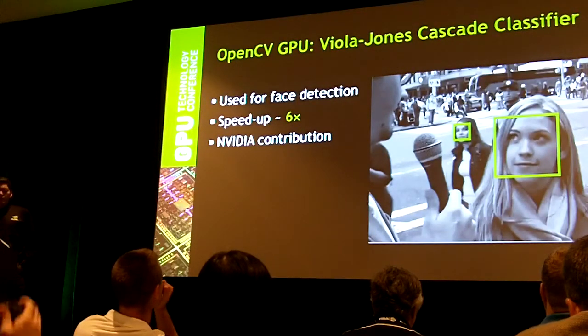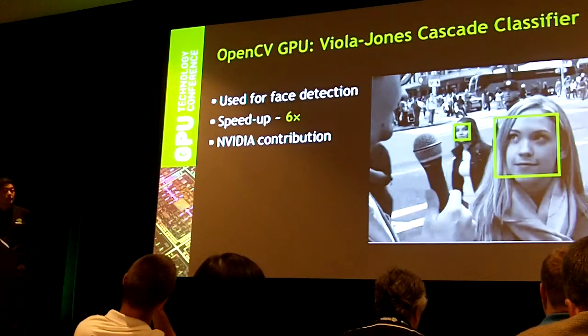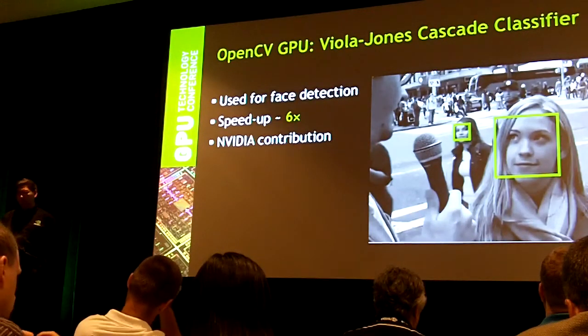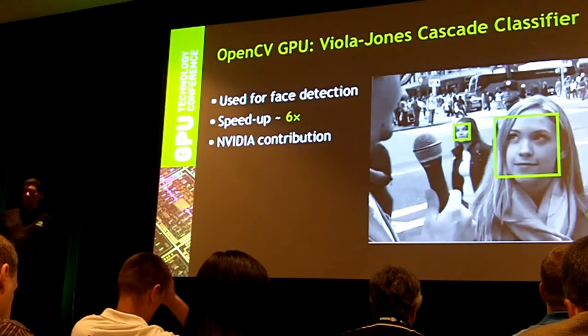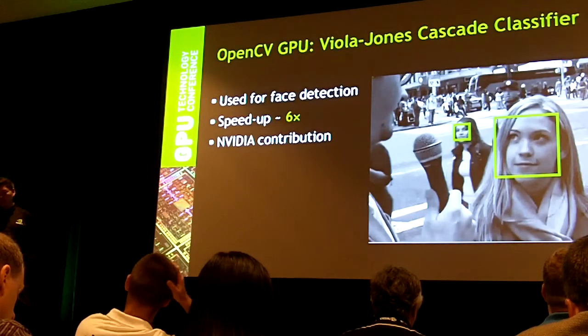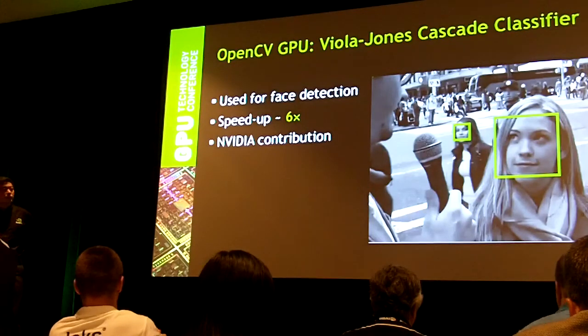So Viola-Jones is one of the first object detection frameworks that actually provided object detection rates that were close to real time. What's nice about Viola-Jones is that you can train them to detect different things.